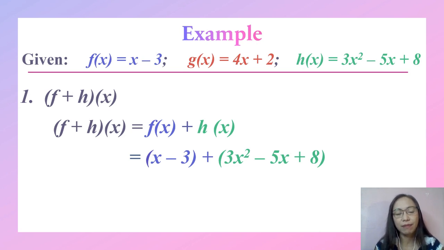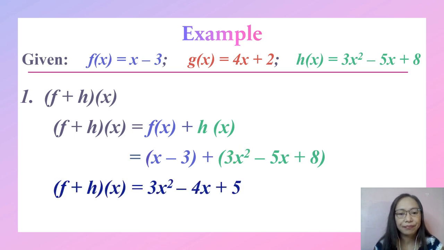Now we have to combine like terms, or we call it simplification. We simplify by combining like terms. When we combine like terms, we start with the ones with the highest exponent, or the degree. We have here 3x squared, and there is no other term with squared, so we can take this there.